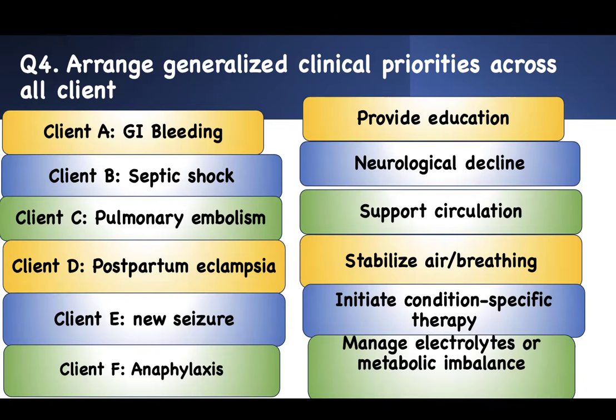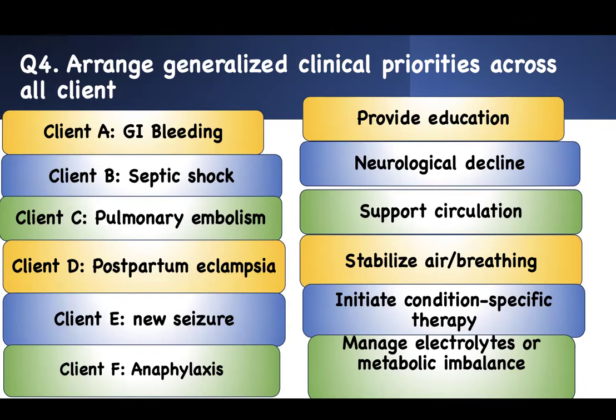If you see this question, forget about the left side. Otherwise, you go wrong. They've given you what you need. They say these are the priorities you need. Forget about the case, the GI bleed, sepsis. No, if I need to provide education, is it more important than neurological decline? Is neurological decline more important than support circulation?